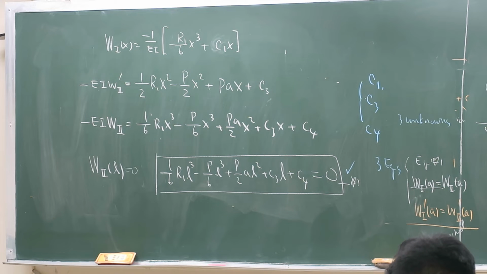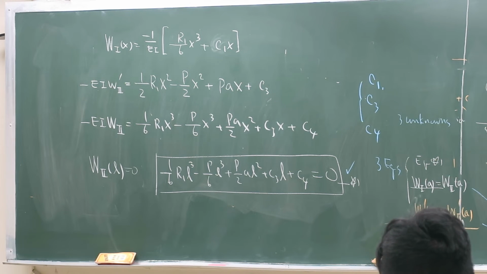So at x equal to a, we have this continuity and we have slope continuity. So we have 3 equations and can solve these 3 unknowns. Actually, we have 4 conditions, and we already used 1.